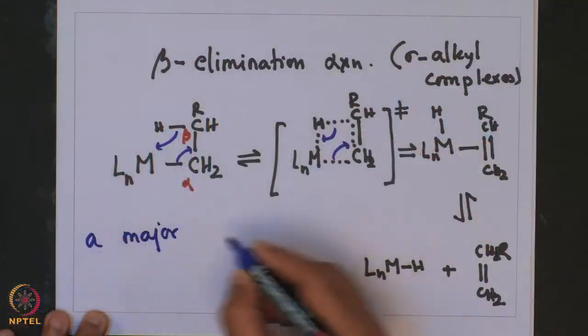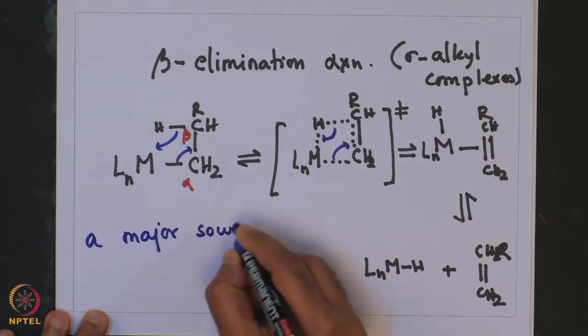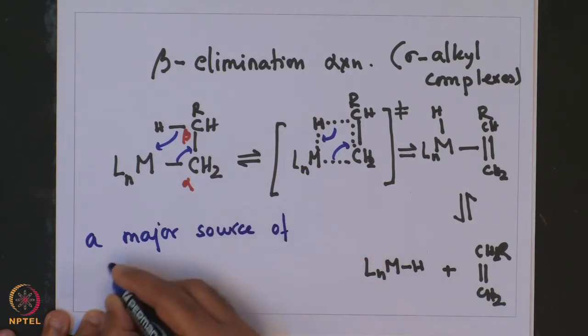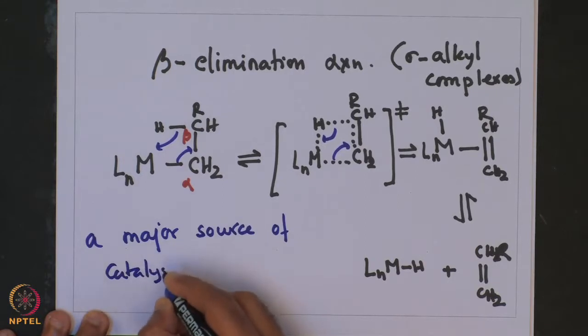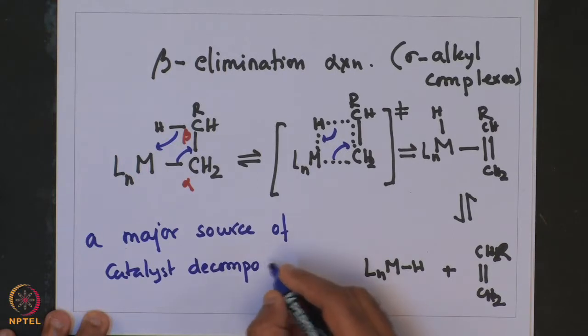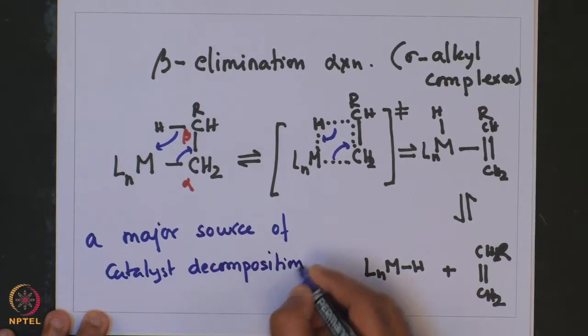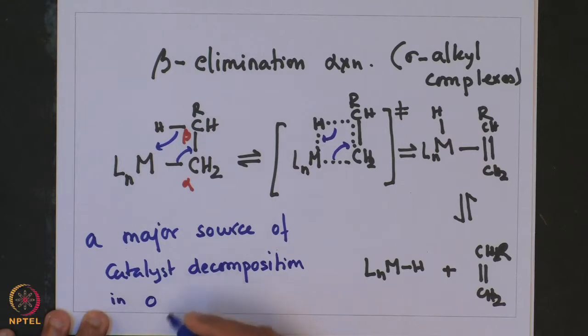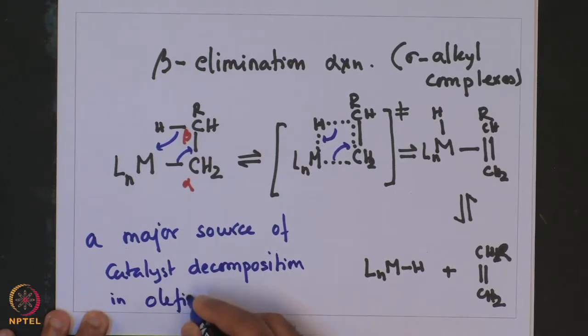For example, it is a major decomposition pathway for olefin polymerization reactions catalyzed by transition metals that proceed via a coordination insertion pathway. Catalyst decomposition in olefin polymerization reaction.